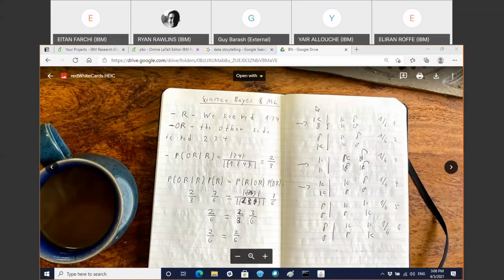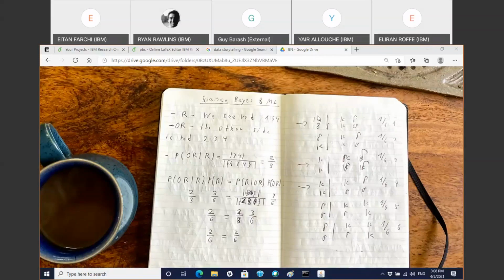And what we're going to do, so we have these three cards, we're going to put them in a bag and randomly pick one of them. So on the left here, this column represents the card that I randomly picked.